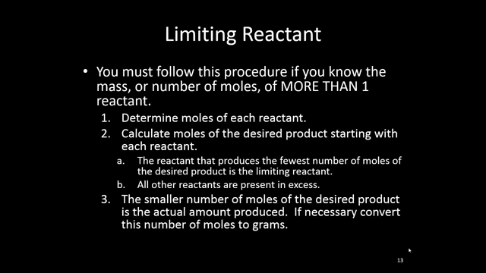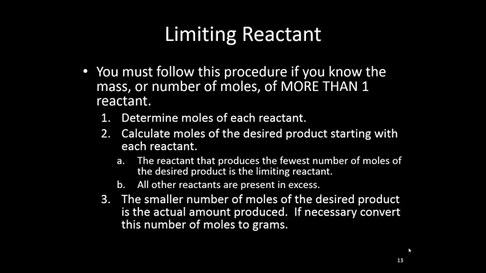Number 2, you must calculate moles of the desired product starting with each reactant, and from that you will get a couple of pieces of information. The reactant that produces the fewest number of moles of the desired product is known as the limiting reactant, and all other reactants are present in excess.